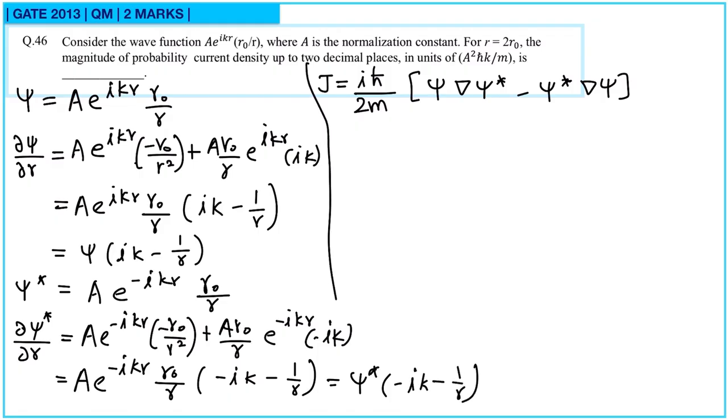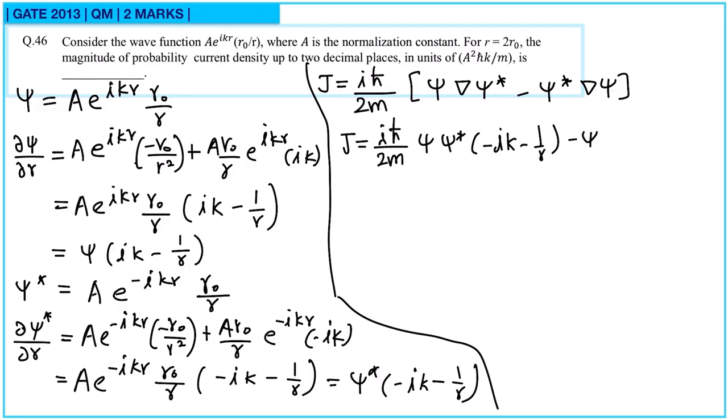So we have calculated all these values. Now we will substitute here. So J is equal to i h cut upon twice m, then we have psi into del psi star, which is psi star in bracket minus i k minus 1 by r, minus psi star into del psi, which is psi in bracket i k minus 1 by r, and the whole thing is in brackets.